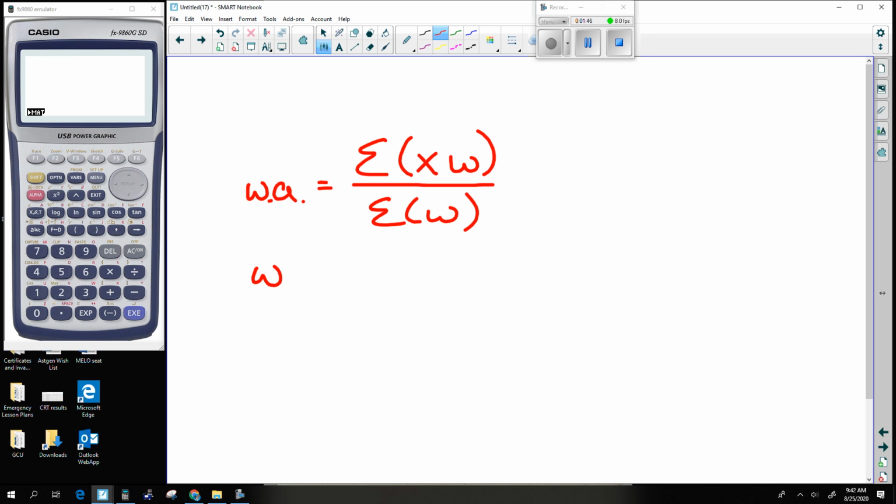So a quick example would be, let's say that we have a typical class. You're going to take the score that you got on your tests, and you're going to multiply it by the weight of the tests.